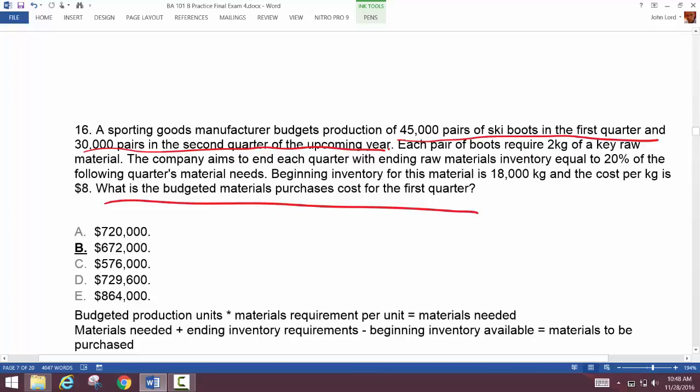Each pair of boots requires, here we go, 2 kilograms of raw material. So we're going to have to make an adjustment to turn the units into raw materials.